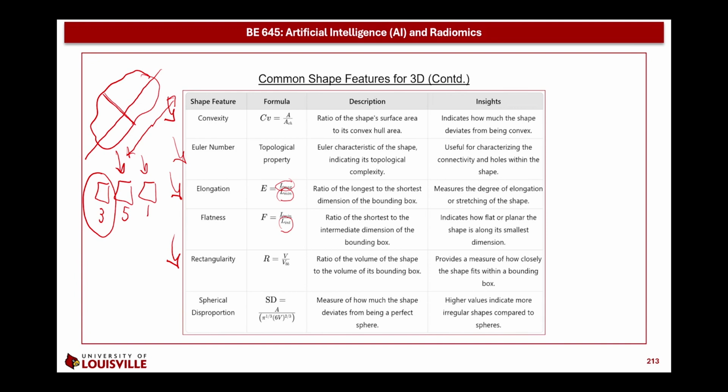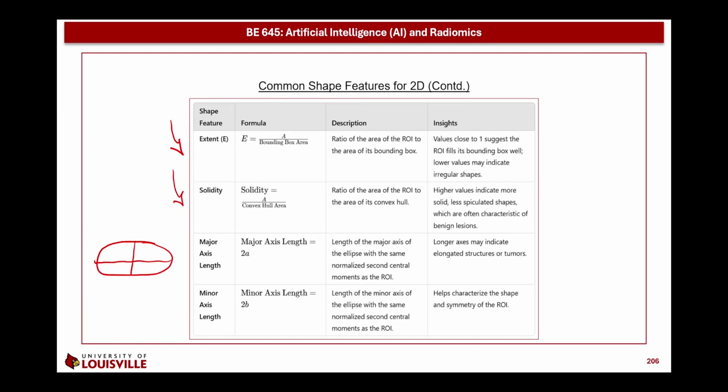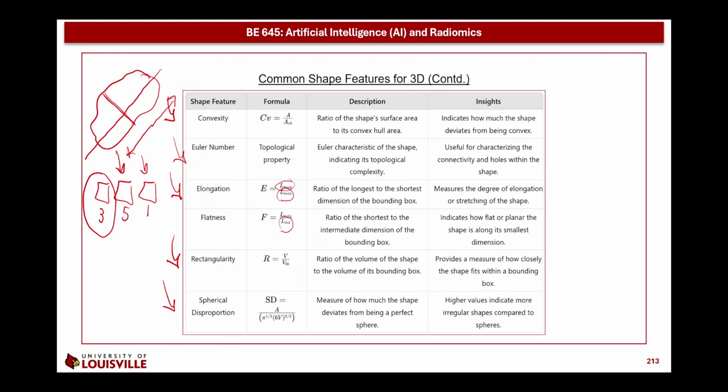Rectangularity, this is a ratio of the volume of the shape to the volume of the bounding box, and this is a measure of how closely the shape fits the bounding box, which we calculated in the 2D features to be the extent. And last but not least, spherical disproportion. It's a measure of how much the shape deviates from being a perfect sphere.